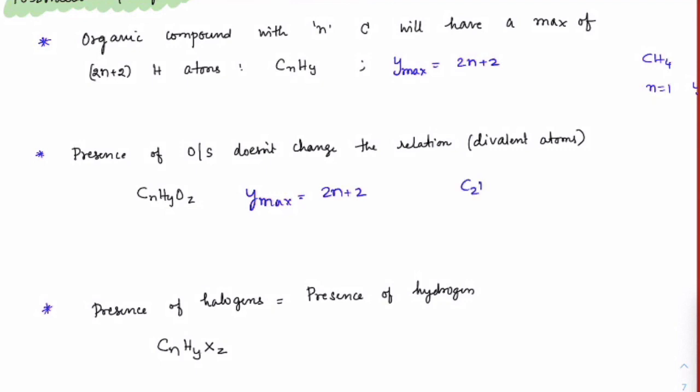If we have C2H5OH, which we call ethanol, in condensed form it is C2H6O. Even if you do not count the oxygen, the maximum number of hydrogens is still 2n plus 2 only. So that is what it meant: the maximum number of hydrogens, even in the presence of oxygen or sulfur, will always be the same. I hope you got the point there.